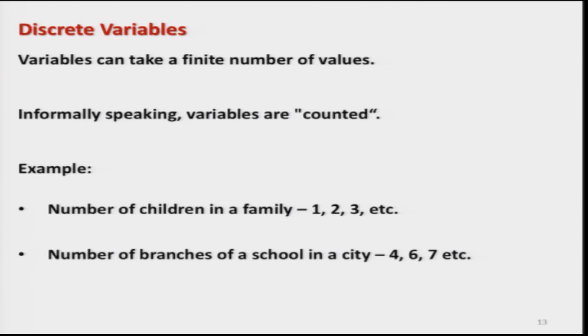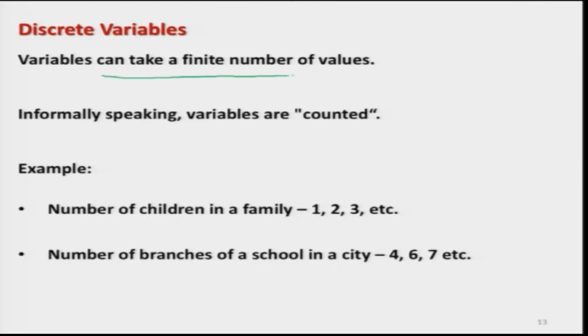In some situations, the variable on which we want to record the data can take only a finite number of values. And in a very simple way, or in an informal way, I can say that the variables are counted.